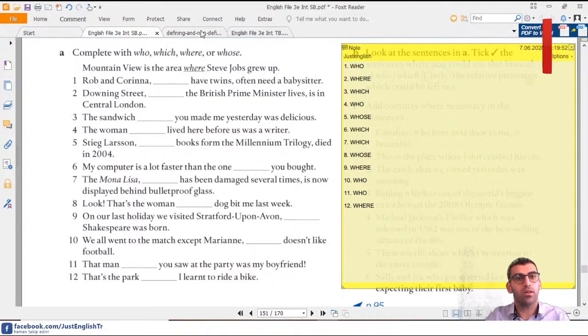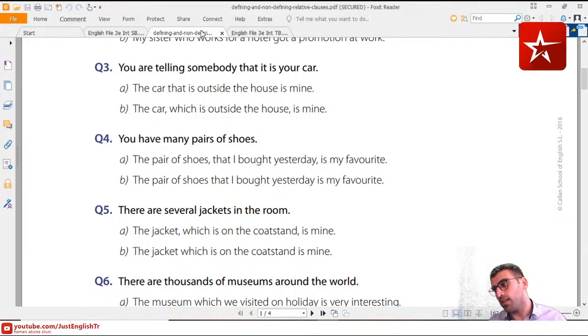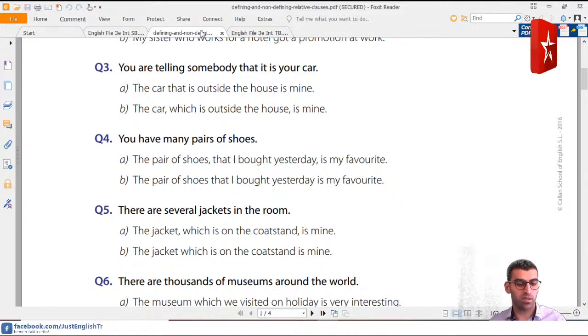Let's go on with question number 3. You are telling somebody that it is your car. Okay, the car. Which one are we talking about? We know. Gusava, which car are we talking about? It is certain. Okay, we know which car we are talking about.